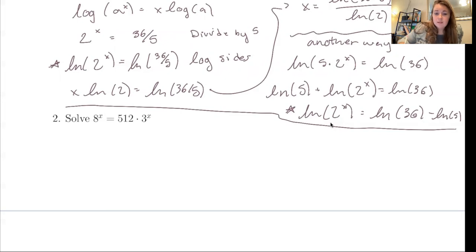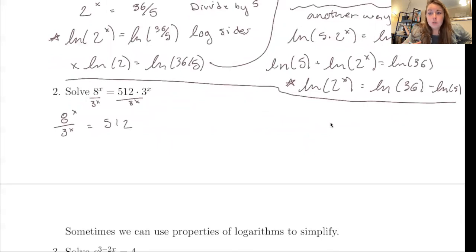So let's see if that idea of isolating x still works, right? So I'm going to divide each side by 3 to the x. So this will give me 8 to the x over 3 to the x equals 512. I really only want something to the x, just one thing.